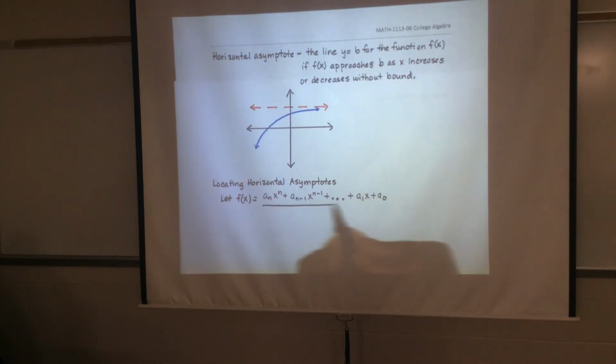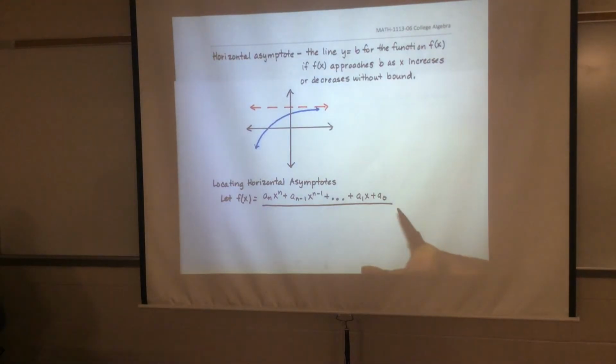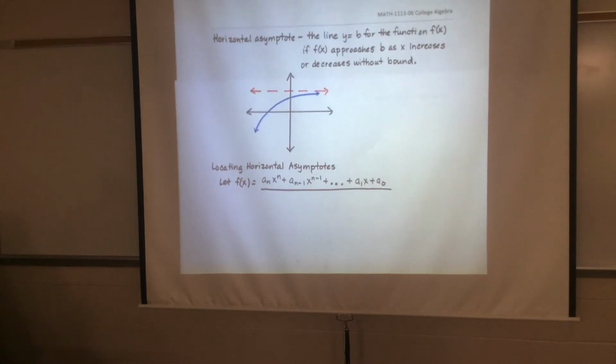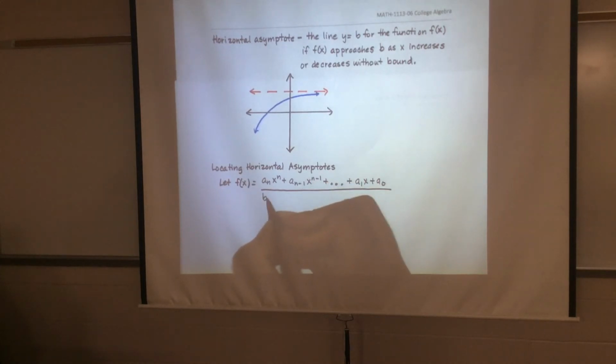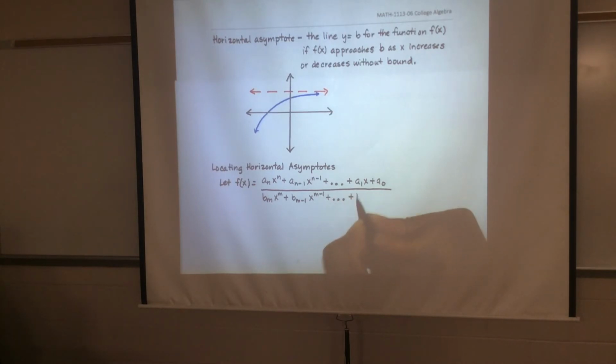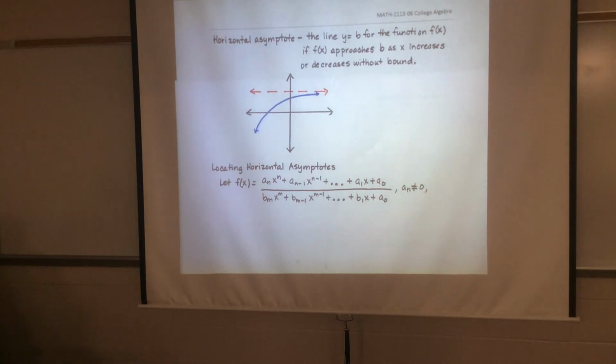The numerator is going to have a's in it and n's: a sub n, x to the n, plus a sub n minus 1, x to the n minus 1, and so on all the way down to a sub 1, x plus a sub 0. That's divided by b sub m, x to the m, plus b sub m minus 1, x to the m minus 1, all the way down to b sub 1, x plus b sub 0. The only restrictions there will be that a sub n and b sub m, your leading coefficients in the numerator and the denominator, can't be equal to 0.